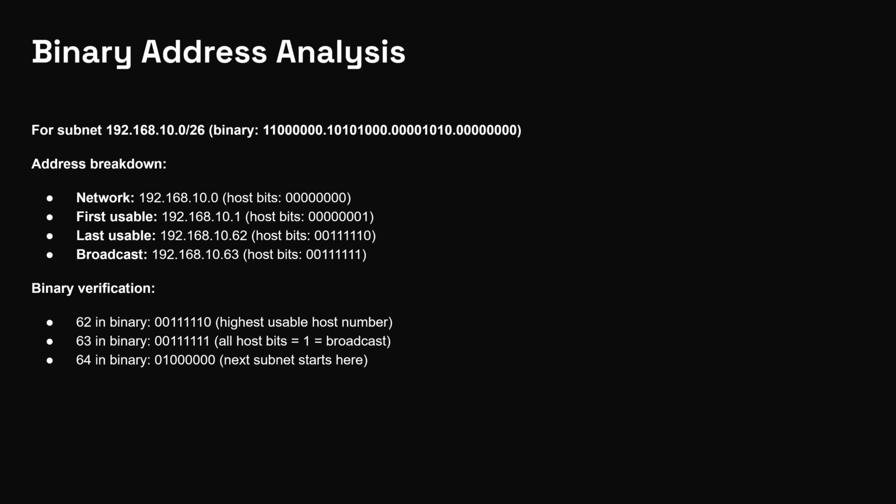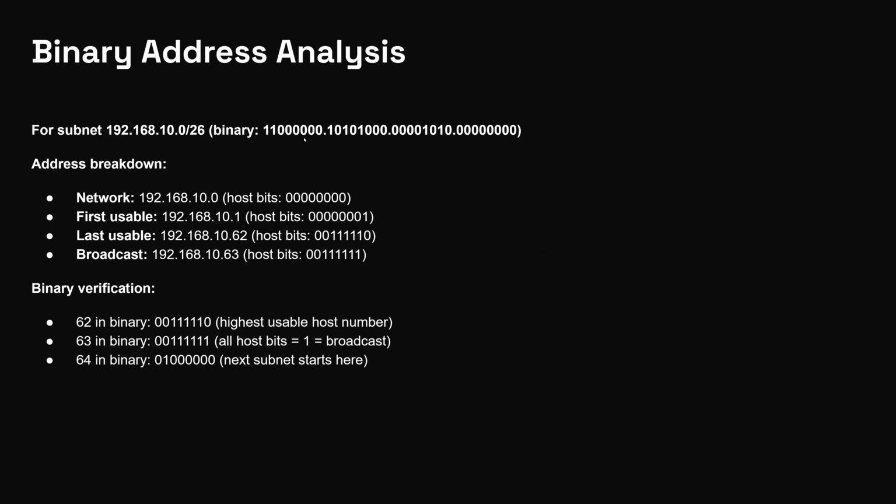So, the binary address analysis. For subnet 192.168.10.0/26, in binary, let's look at that first octet, 192, which is 1 followed by 6 zeros. We know 128 plus 64 equals 192.